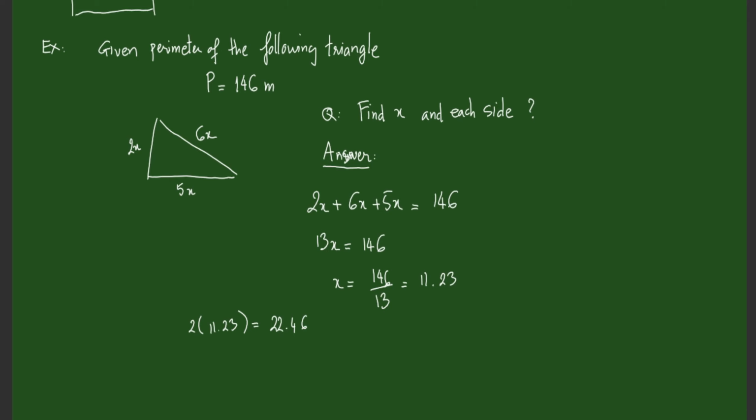Because they don't have a unit here, I don't need to put a unit, but if they have a unit, I put the unit. For the side with 5x, 11.23 times 5 gives you 56.15, and for the last side, times 6, which is 67.38. All right, something like that.